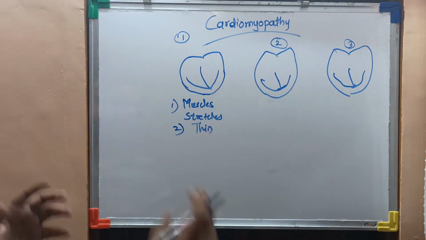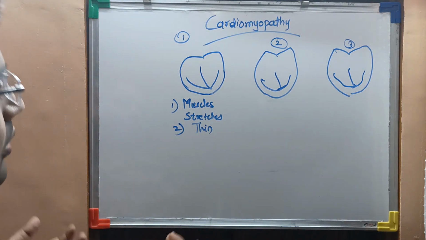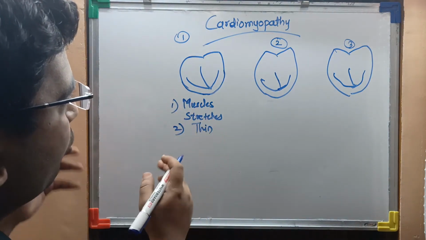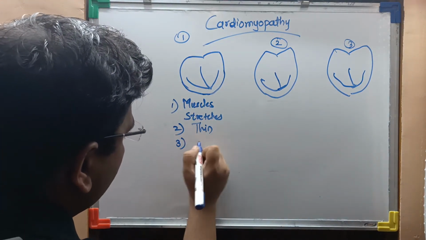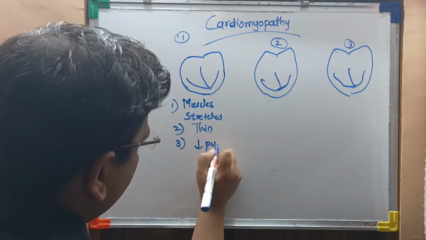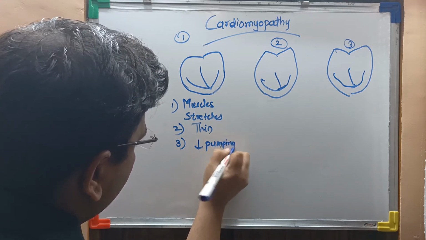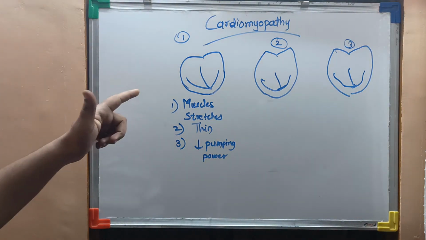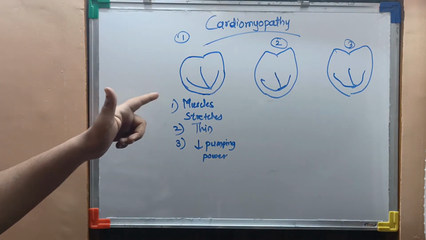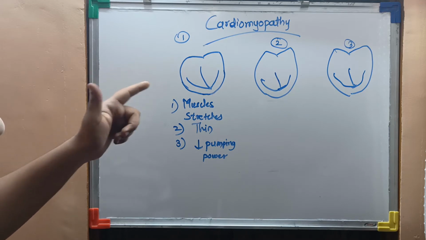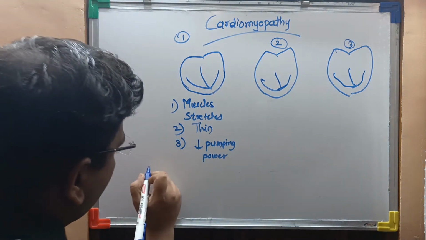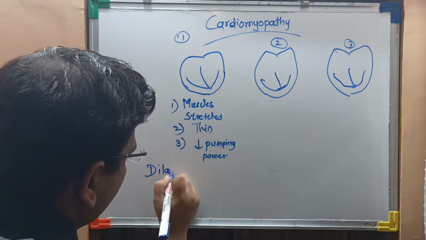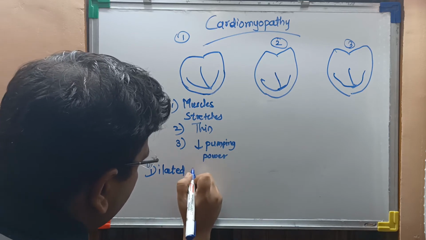So there is decreased power for the thin muscles to pump the blood out of the heart. As in the first case the chambers dilate a lot, it is called the dilated cardiomyopathy, the first type of cardiomyopathy.